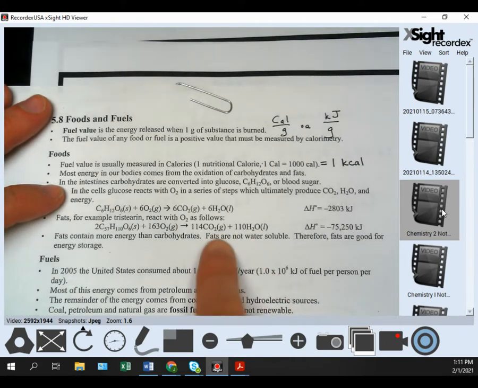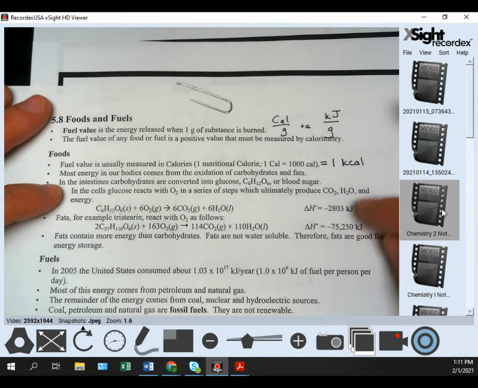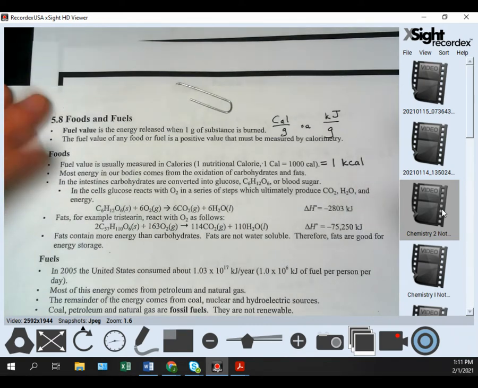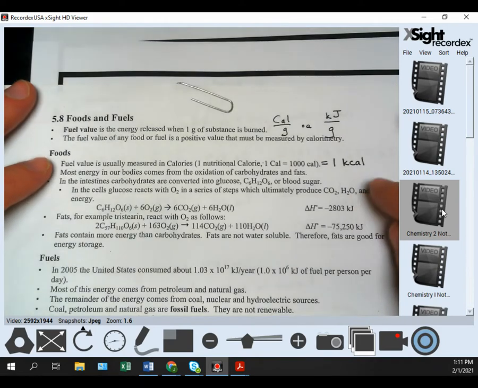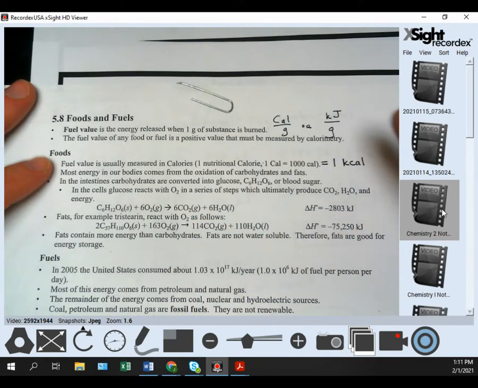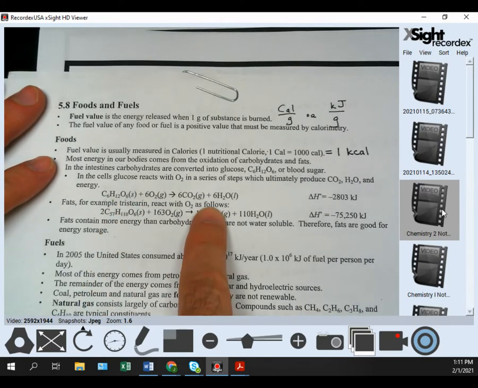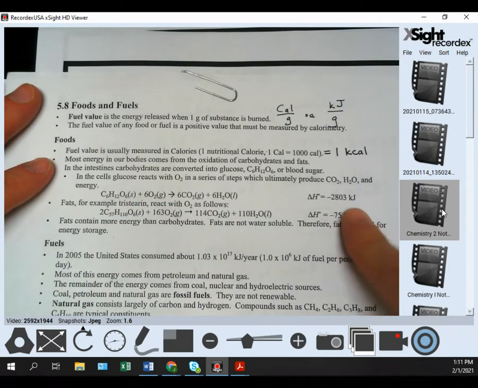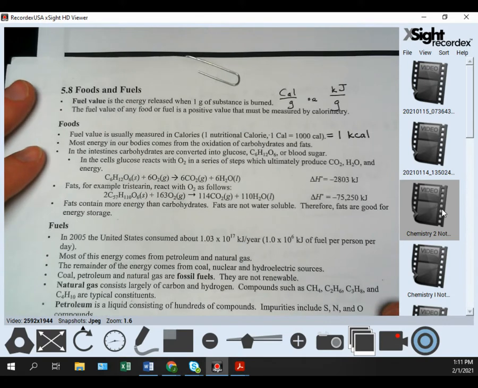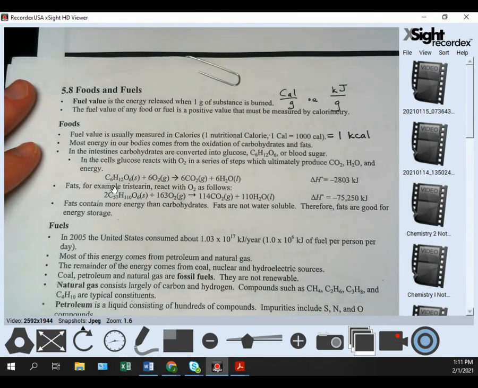So if you think about that, it might seem kind of weird, but that's actually a combustion reaction in a way, if you think about the products, right? So here's the combustion of glucose, the delta H, the kilojoules for that reaction.